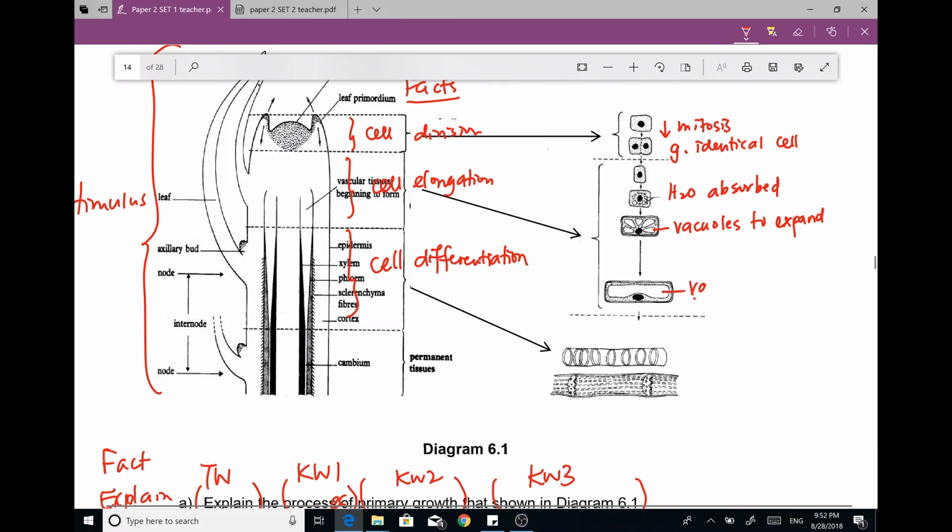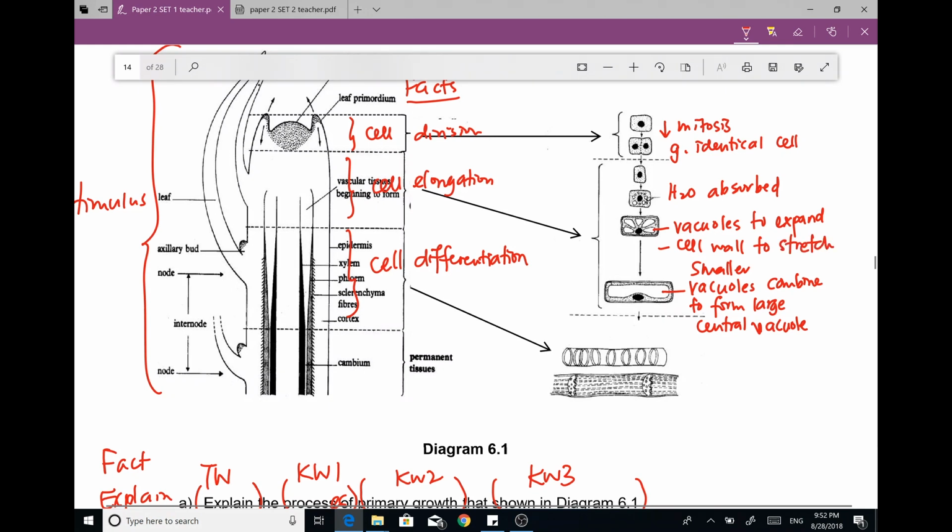The smaller vacuoles then combine to form a large central vacuole. But what actually causes the cell to elongate? It is the expansion of the vacuole that causes the cell wall to stretch.